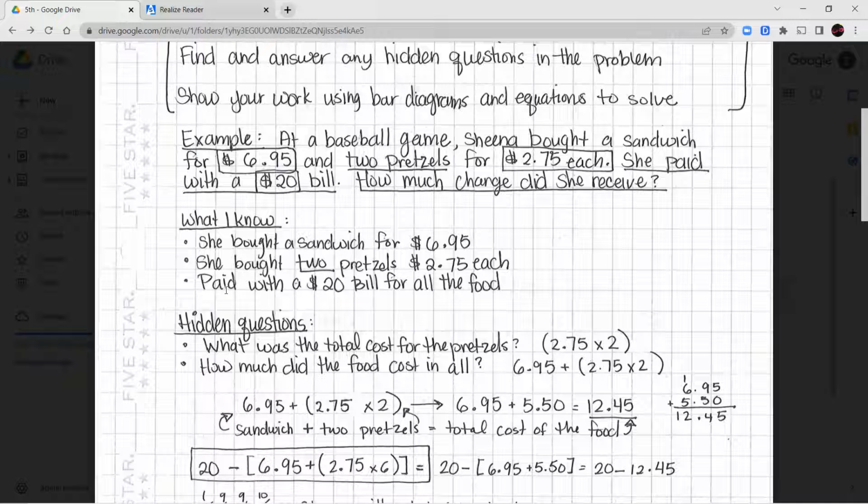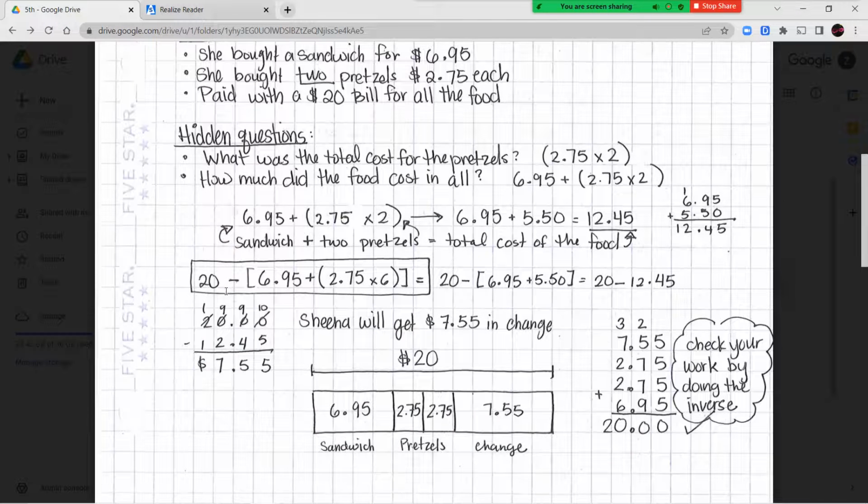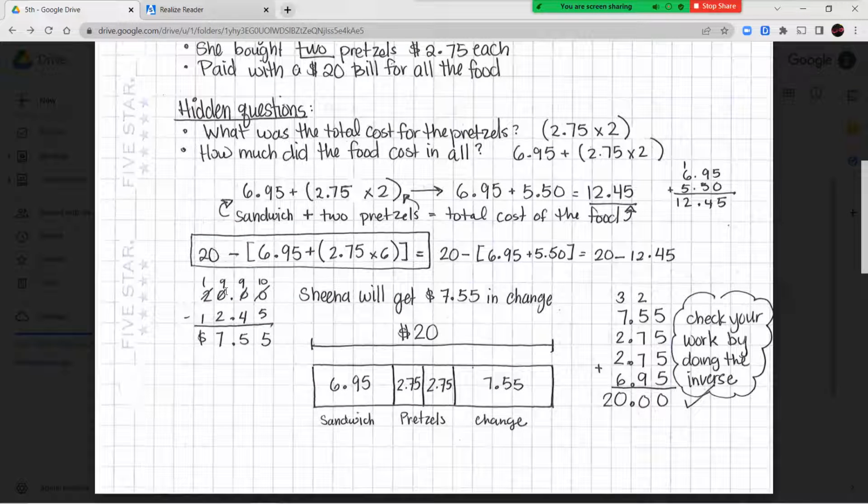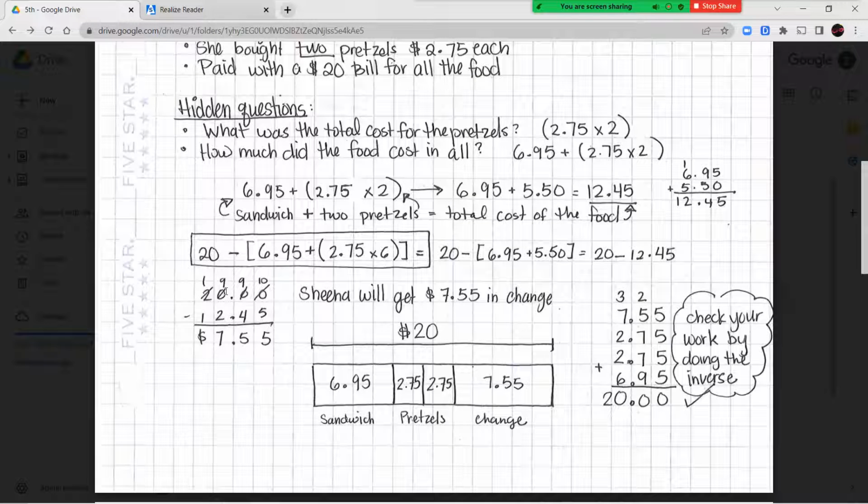So to find the cost of the pretzels, we would have to do $2.75 times 2. To find the total cost of the food, I would have to take the product of $2.75 times 2 plus the $6.95 for her sandwich. So I did the $6.95 plus the product of $2.75 times 2, which gave me $6.95 plus $5.50, which gave me a total of $12.45 for all of her food.